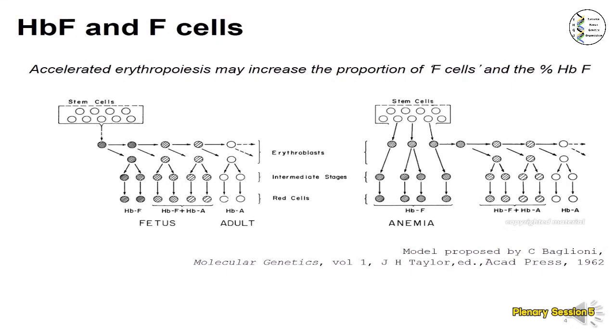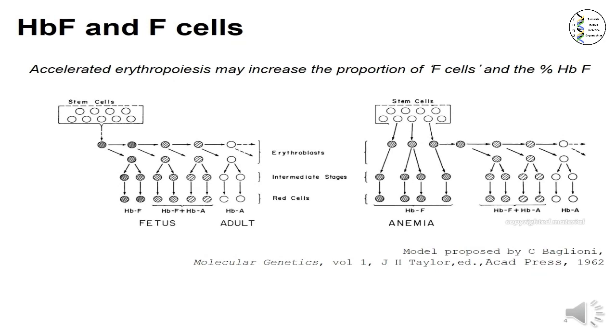So on the left, this is the marrow of a normal individual, whereby there is a gene switch from gamma to beta, and as we know, normal adults have higher percentages of adult hemoglobin variant as compared to other hemoglobin variants.